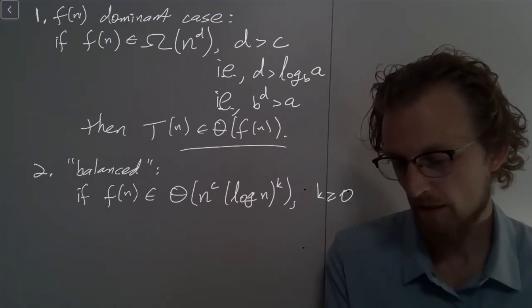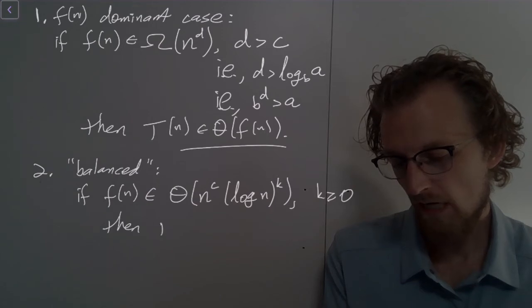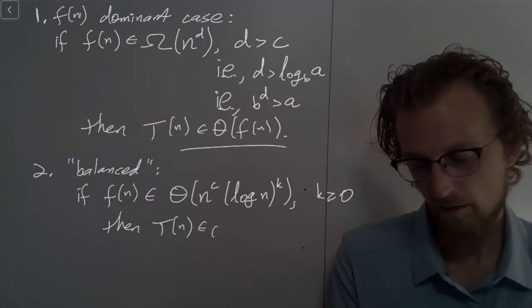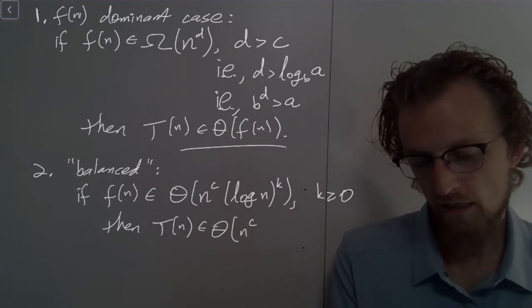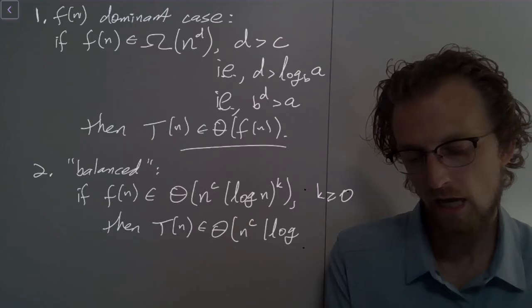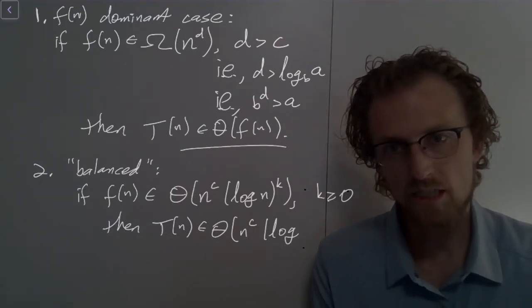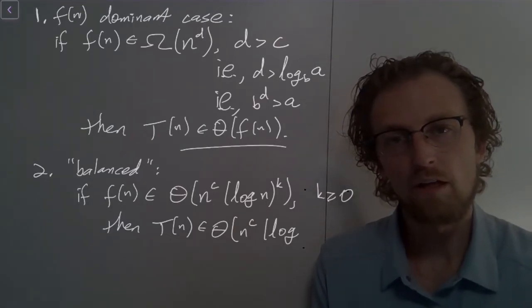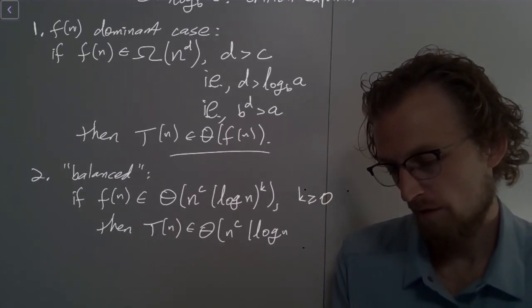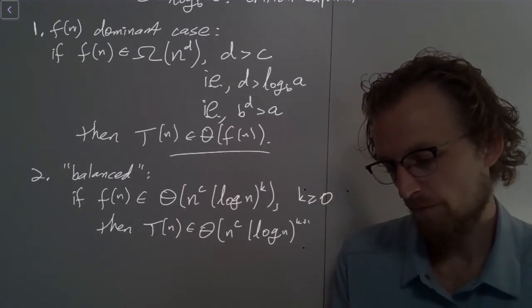Okay, so here's what that means. Then T of n is big theta of n to that critical exponent, times log n to the k plus 1. So the same complexity as f of n times one extra log.